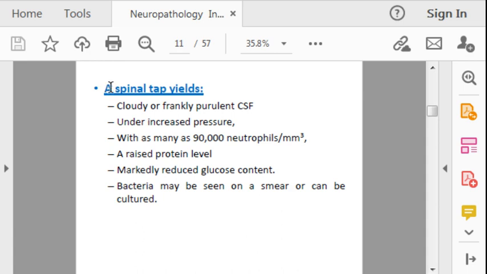A CSF sample, or what is called the spinal tap, yields cloudy or frankly purulent CSF under increased pressure with as many as 90,000 neutrophils per cubic millimeter, a raised protein level, markedly reduced glucose content, and bacteria may be seen on a smear or can be cultured.